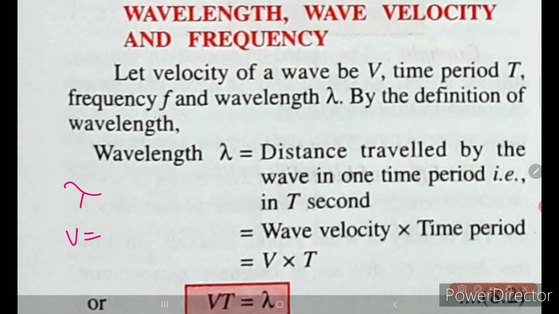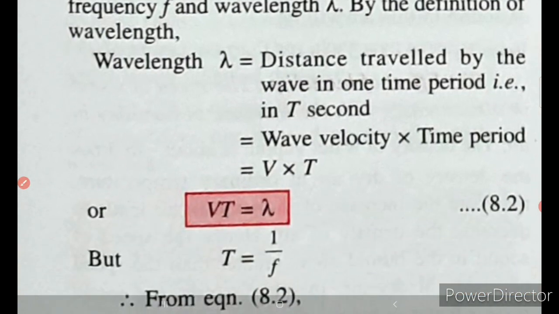From the formula of velocity, v equals distance by time, here the wave velocity will be equal to distance, which is the wavelength, divided by time, which is the time period. So by cross multiplying we shall get v into T equals lambda, or I can say the product of the wave velocity and the time period gives me the wavelength.